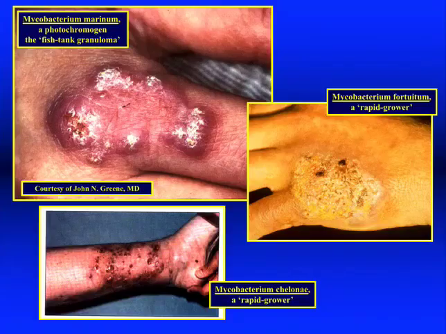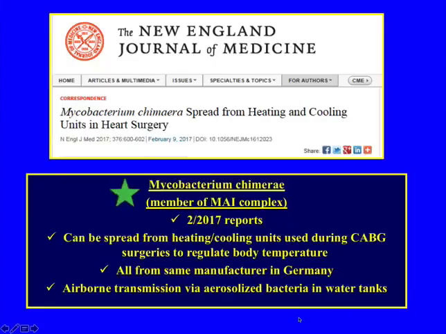The paper tells us that they're all from one manufacturer in Germany. Somehow there was release of some of those agents and airborne transmission via aerosolization from the water tanks, and those patients then developed disease.